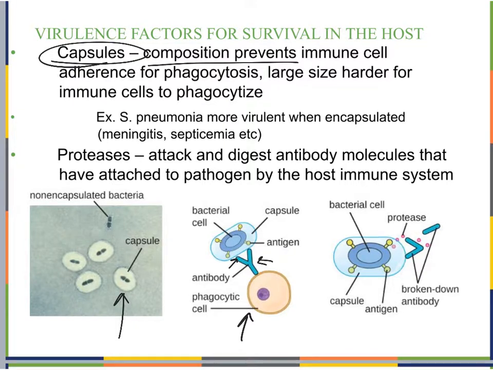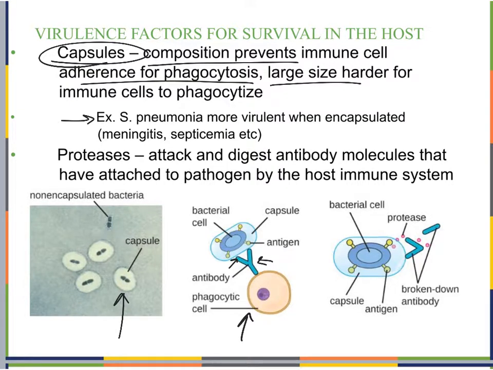It also makes it larger. So even if the phagocytic cell is able to recognize the fact that it's not a self cell and it shouldn't be in the body, it is also very difficult for it to grab onto it and bring it into itself, into that phagosome. So it prevents adherence for phagocytosis, and its larger size makes it really hard to do that. For example, S. pneumoniae is more virulent when it's encapsulated.